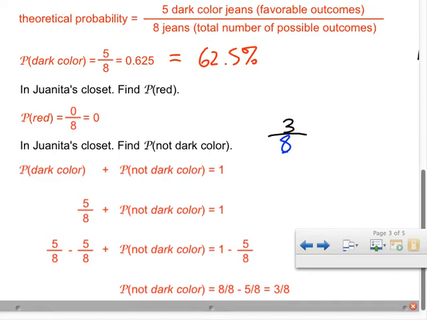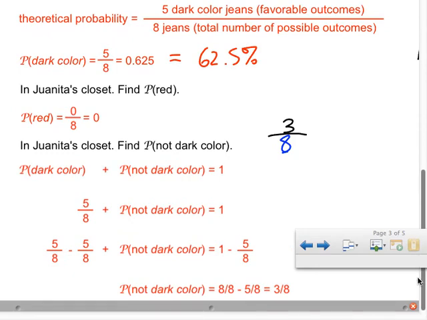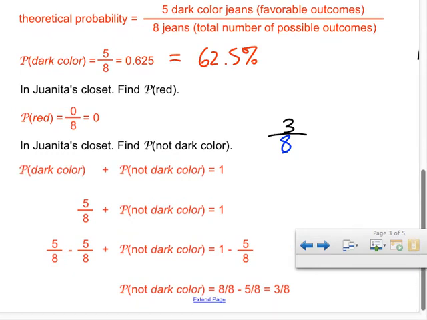But I will say from the picture in the book, they were considering these blue jeans as dark colors. And if you've ever washed a new pair of jeans, you know you don't want to wash your brand new dark colored blue jeans with light colors, right? Because the dye will bleed off into your other non-dark clothes. Okay, so there's a reason why you wash and separate the laundry the way you do.